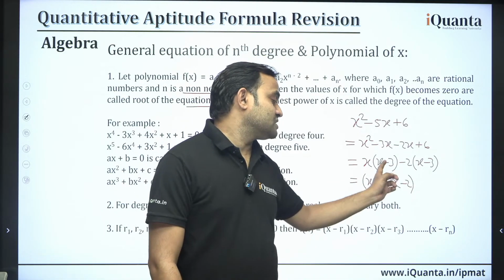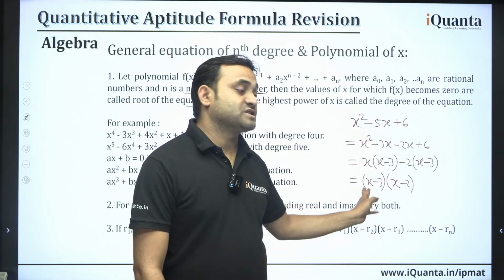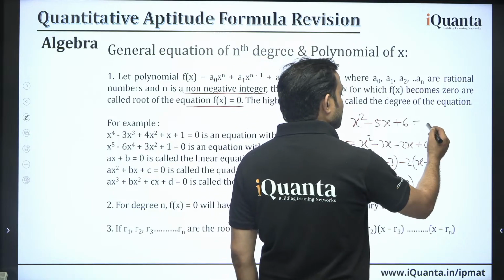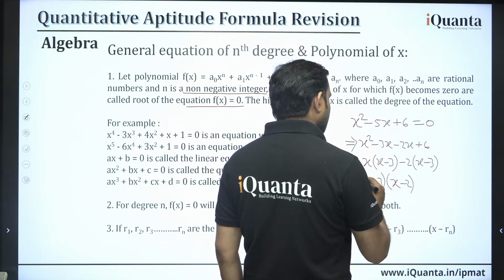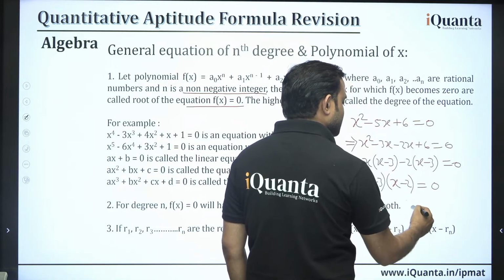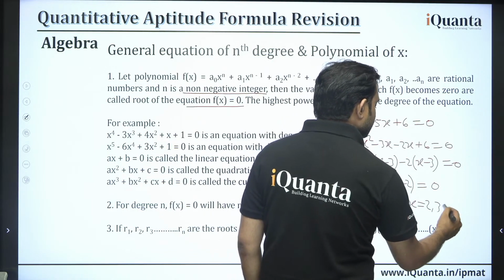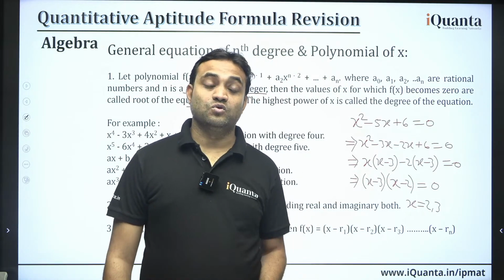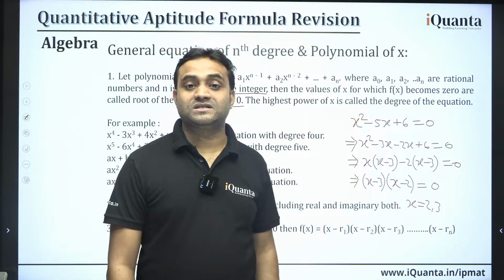If I put x is equal to 2 here, this whole expression will become 0. So we can say that if this is equal to 0, then what are the values of x which are satisfying it? x is equal to 2 or 3. That means x is equal to 2 or 3 are the roots of this equation.